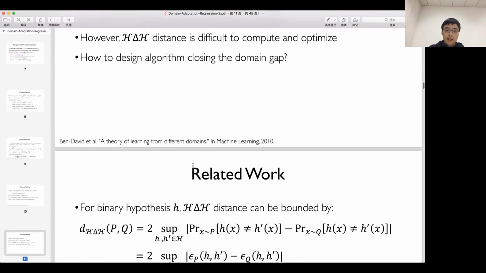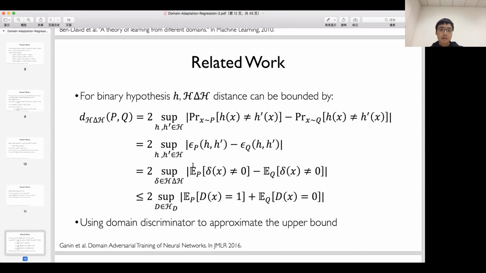In recent years, many deep learning algorithms have been proposed to close the domain gap by learning transferable representations. For example, domain adversarial training of neural networks, which we call DANN. It is an implementation that defines an upper bound of the H delta H distance and minimizes this upper bound.